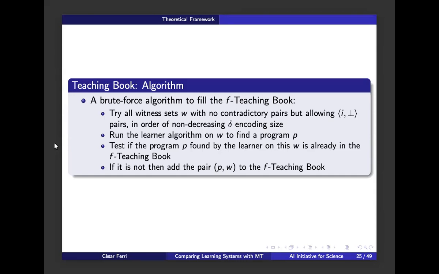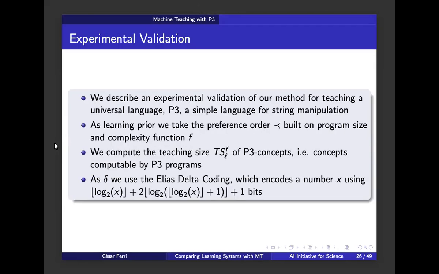We run the learning algorithm on W to find the program P, and we test if the program P found by the learner on this witness set is already in the teaching book. If it is not, we add it. With this brute force algorithm, we are able to find a teaching book in which we have a program and the corresponding minimal witness set. So this was the theoretical framework.